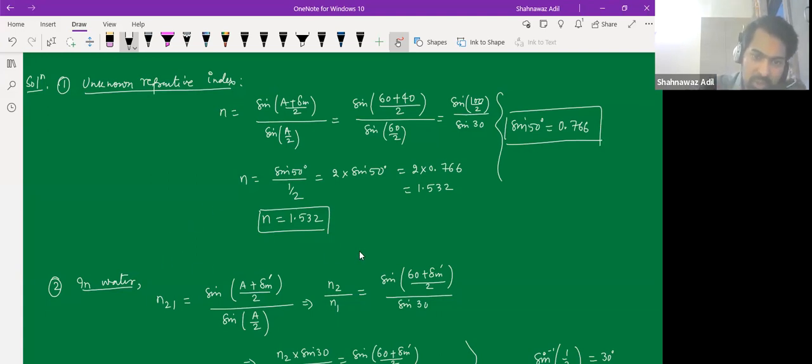Remember n2 over n1, right? So we are going from n1, which is water, to n2, which is glass, right?